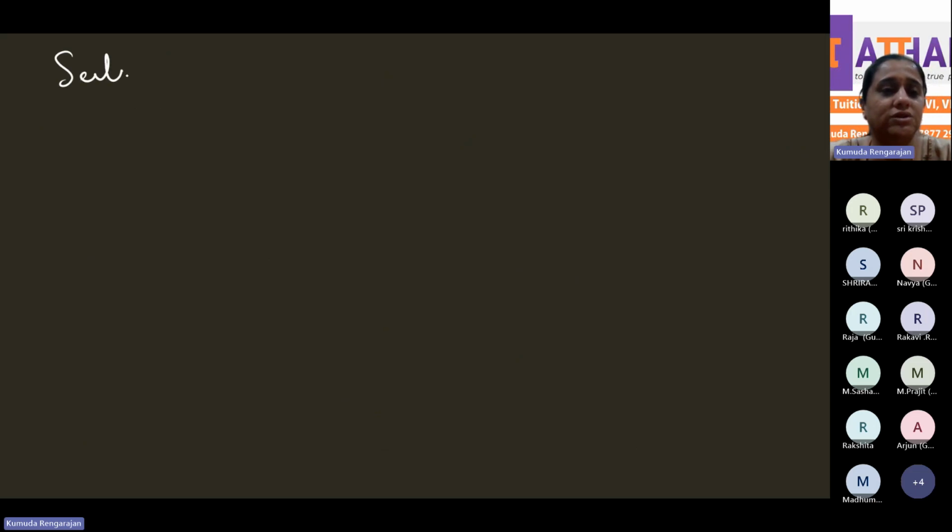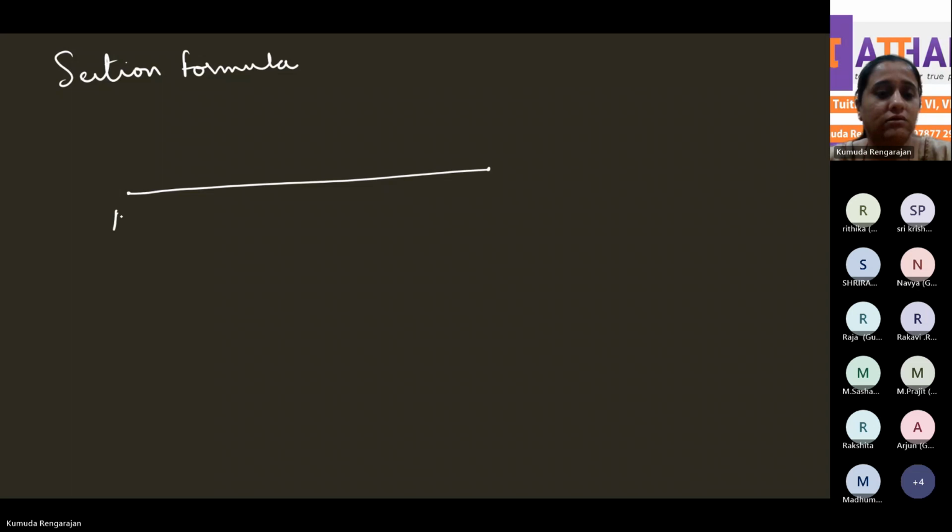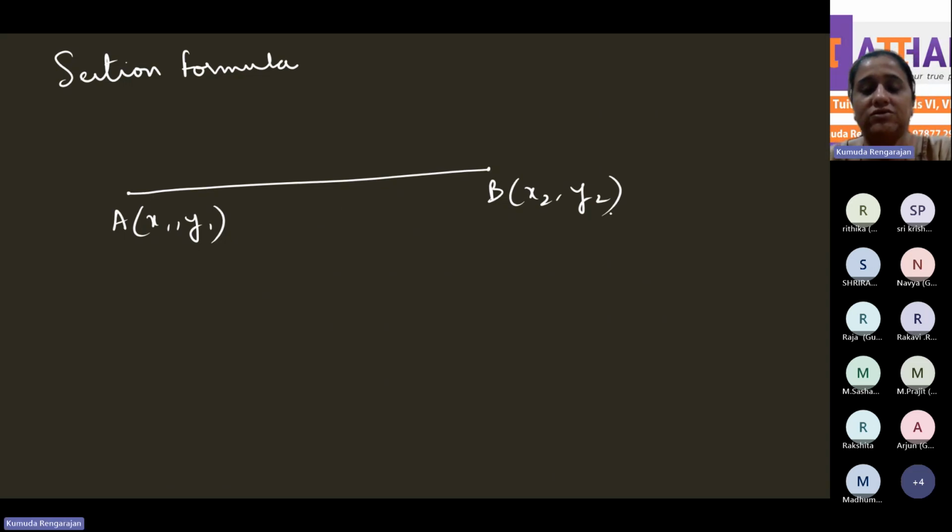So next is the section formula. We have 2 points, x1, y1, and x2, y2.